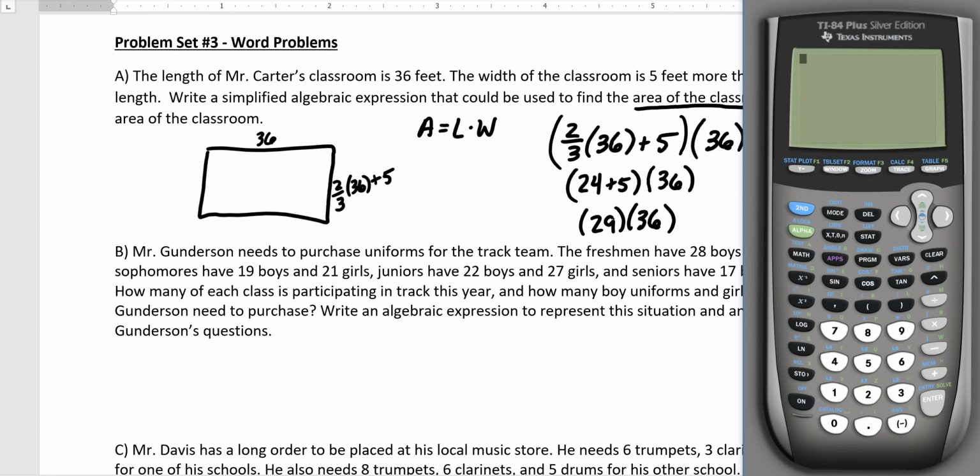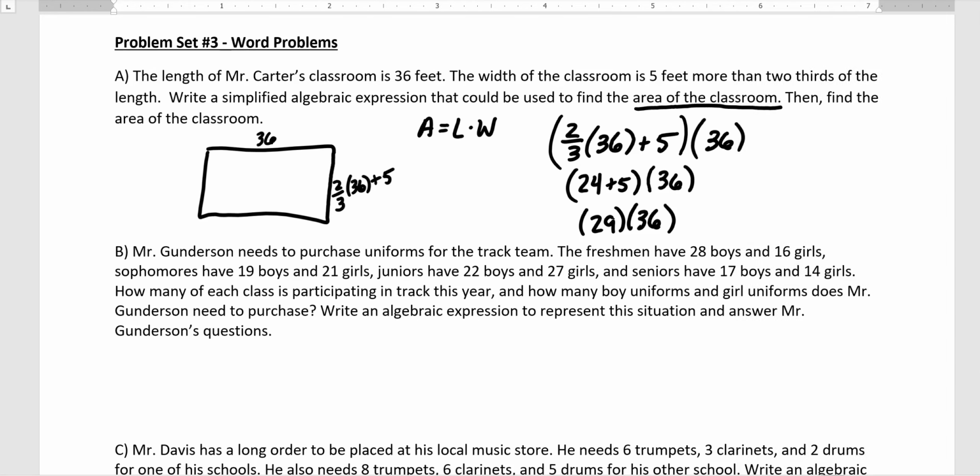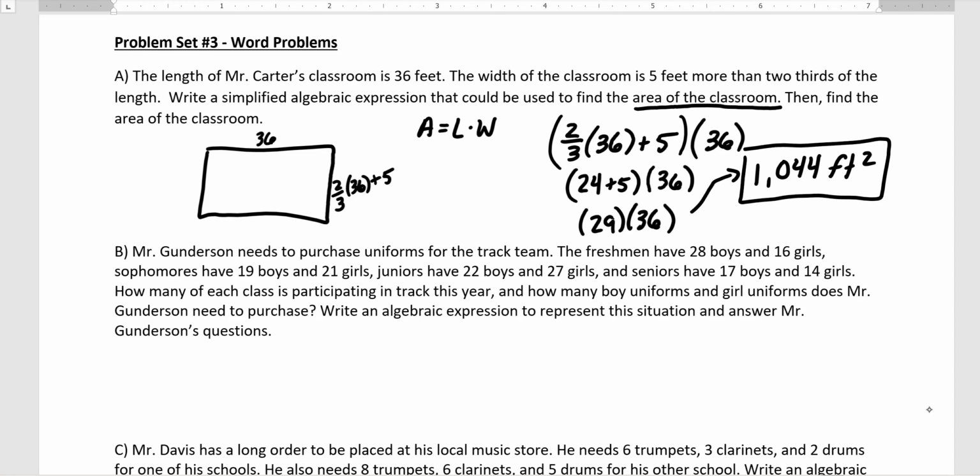Goodness, I think I need my calculator for that. Actually, in hindsight, I really don't. 360, 720, 1 away. We're going to be just a little under. Fantastic. 1,044 feet, or 1,044 feet squared, would be the area of the classroom.